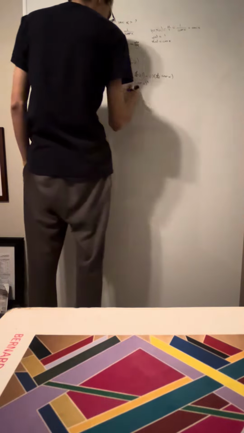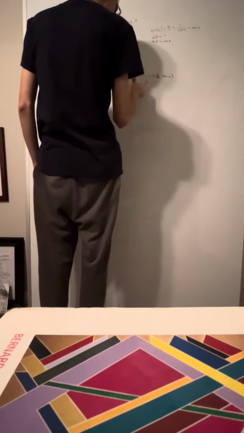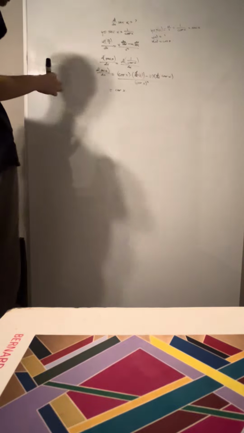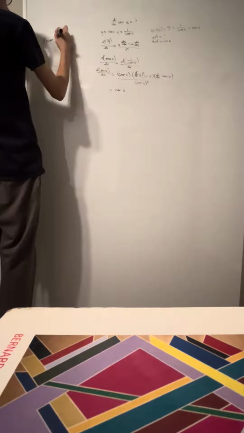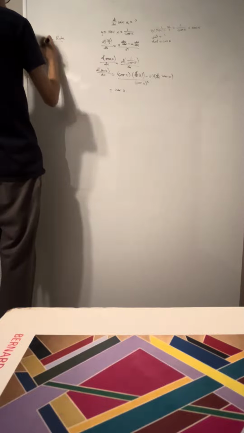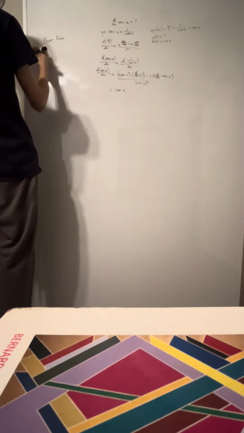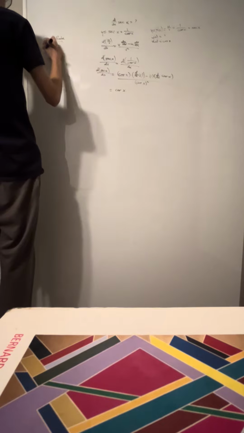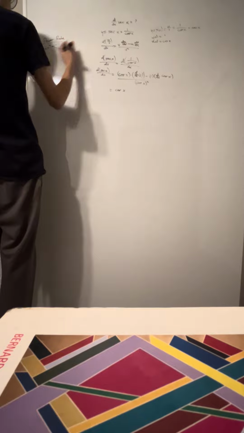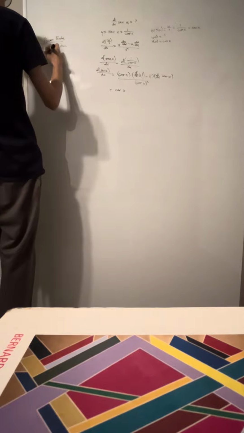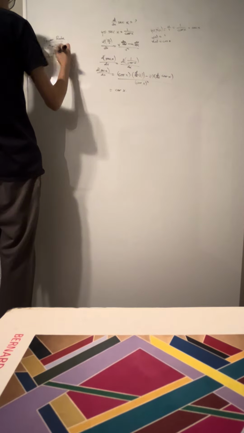Now let's evaluate this and clean it up. We have cosine x times d dx of 1. If you recall the power rule, anytime we have y equals k x to the n plus c, then y prime equals n k x to the n minus 1.